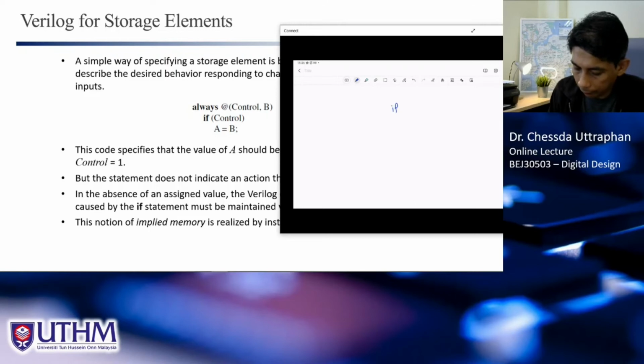If we have if control equals 1, A equals B, but we don't have the else statement, the Verilog compiler will assume that we have this.